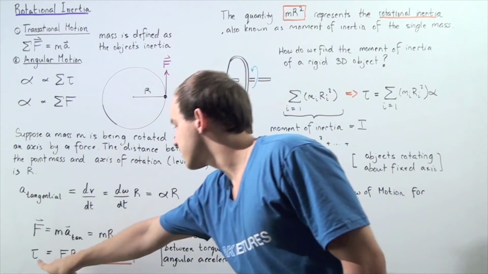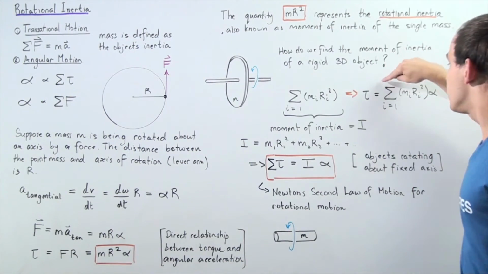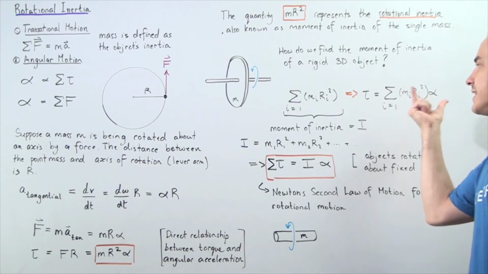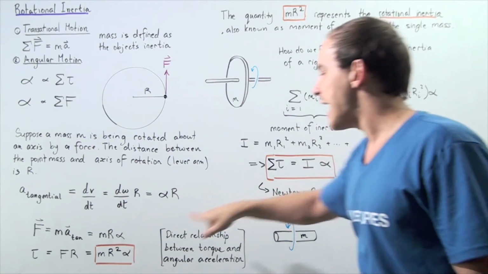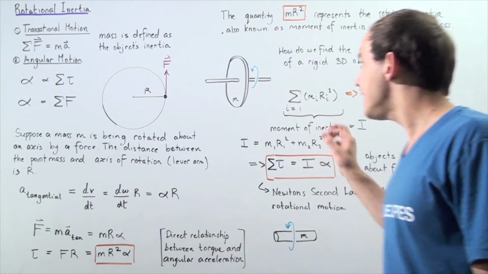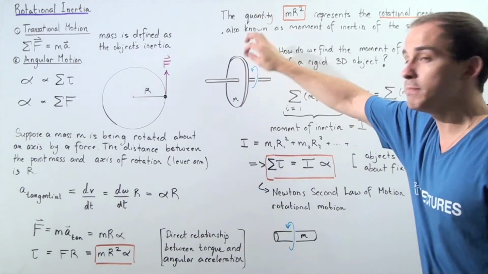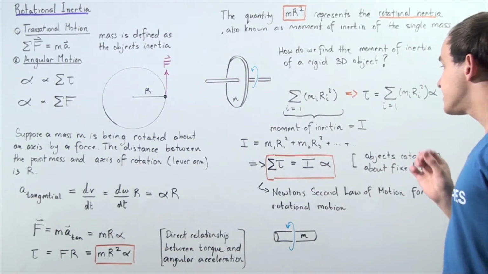So that means the torque is equal to the sum of all these individual moments of inertia multiplied by our angular acceleration, because the angular acceleration for each point particle is exactly the same.